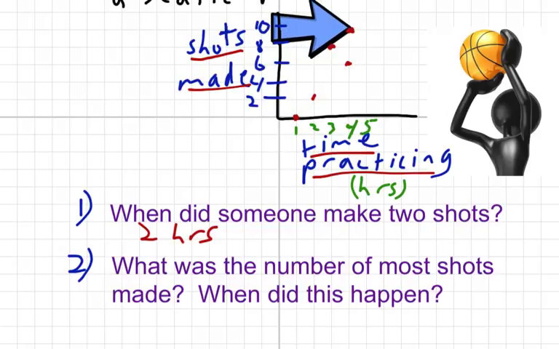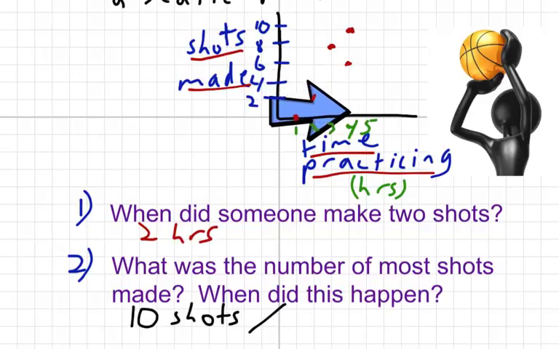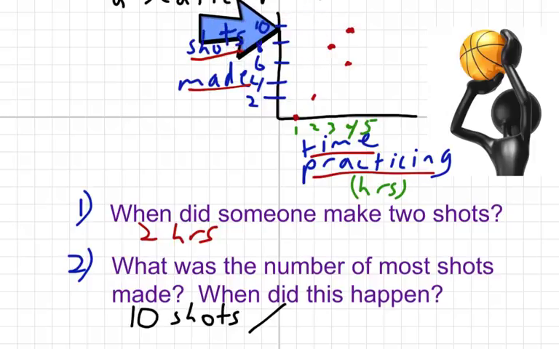So 10 is going to be our first answer. So 10 shots. And then our second answer is, when did this happen? Well, now I'm just going to read from that point over to the x-axis. So going down, that's going to be 4 hours. So that point represents 10 shots in 4 hours.